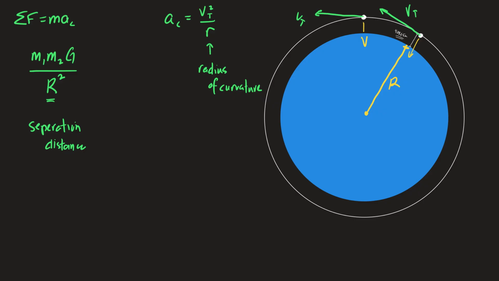They are only the same thing if the object that's doing the orbiting is very small compared to the object that's being orbited. What I mean to say is, if the center of mass of the system is at the center of the object being orbited, then these are the same value. If that's not true, then you have to keep them separate.